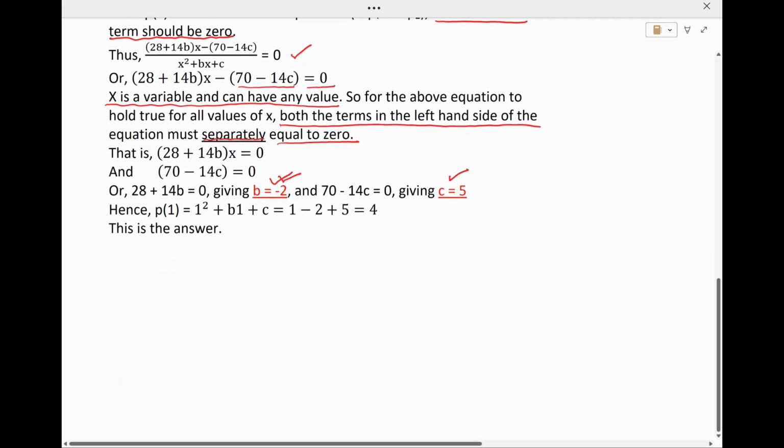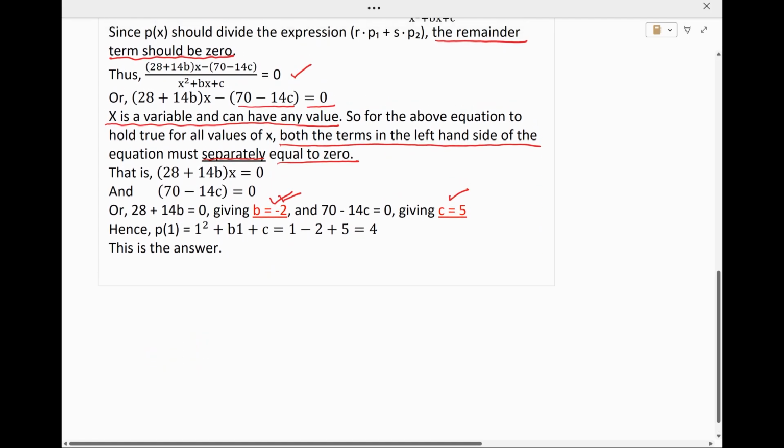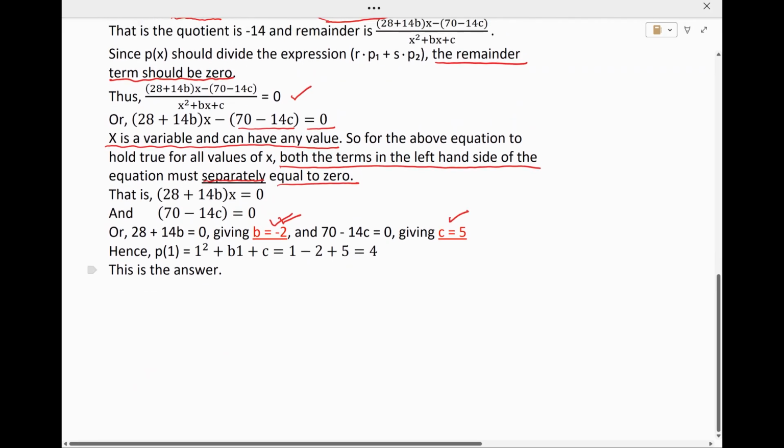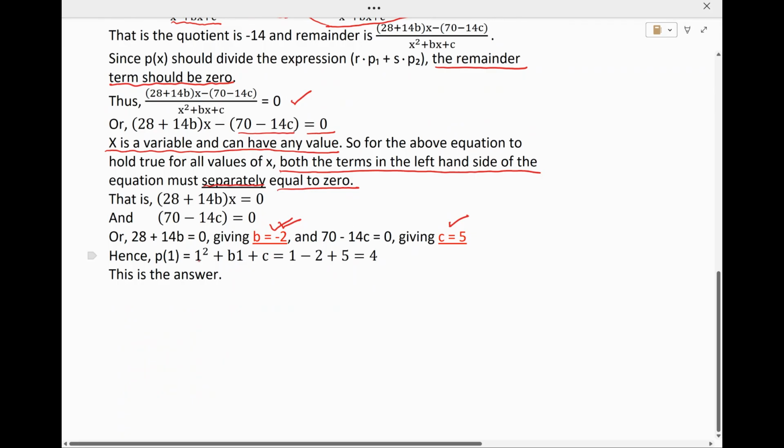Once we know the values of b and c, we can find the value of P(1). In place of x, we put 1, giving 1² + b·1 + c, which is 1, and putting the value of b as -2, the second term becomes -2, and putting the value of c as 5, the third term becomes 5.